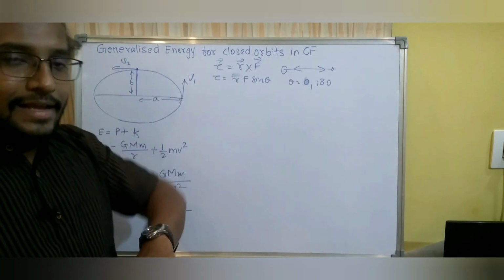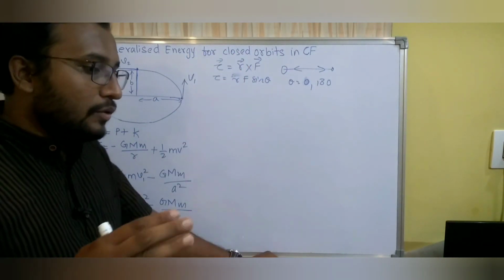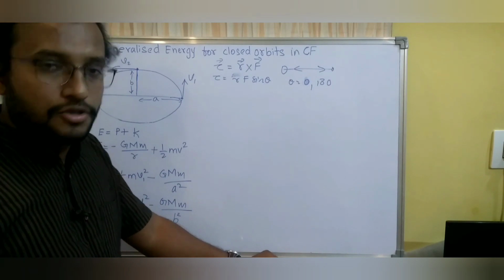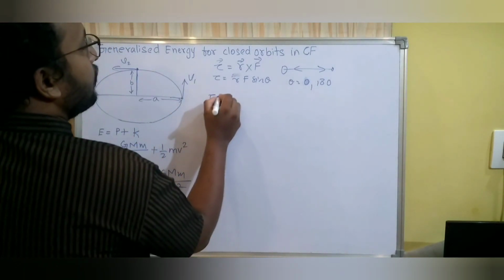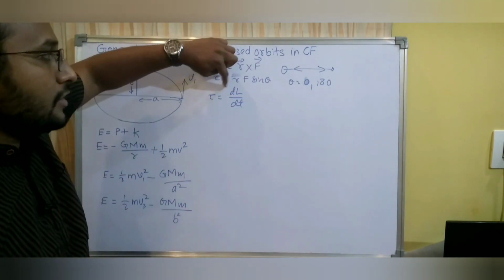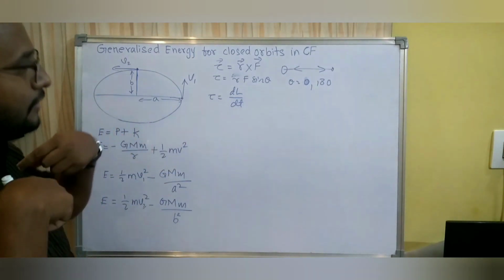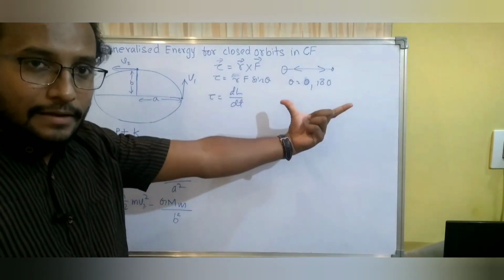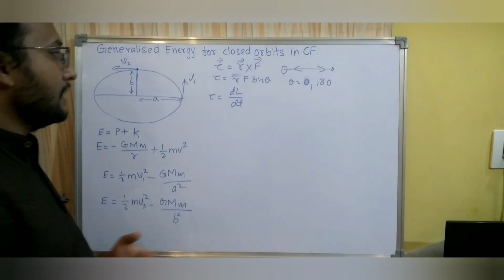So when the torque acting on the object is 0, it is very clear from Newton's second law of motion in rotational motion that torque can be defined as dL by dt, where the change in angular momentum with respect to time gives us the torque. And I am telling you that in the central force field, torque acting on the moving object is always 0.